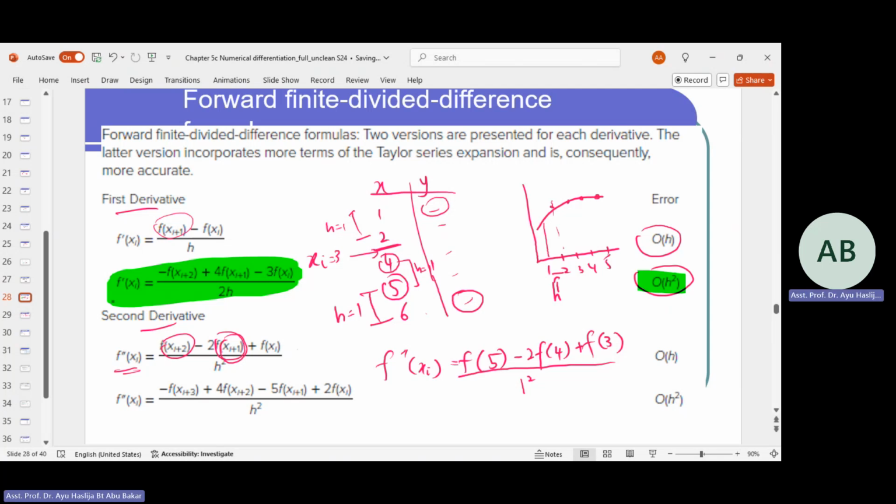No, because the question asks for OH2. Correct, yes. It will mention whether first derivative or second derivative and also the error level. If not mentioned, you can assume your own error level.